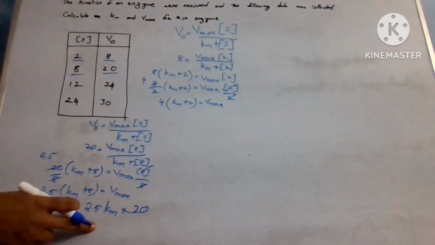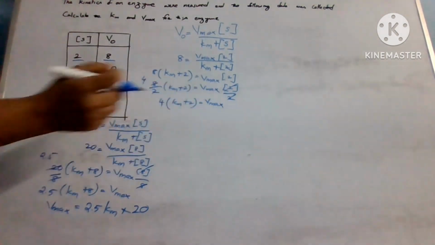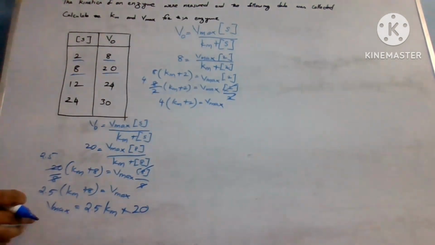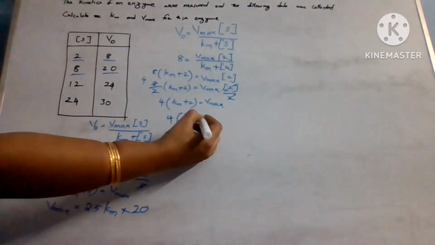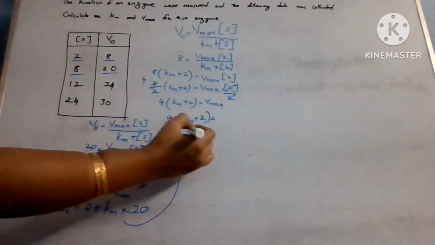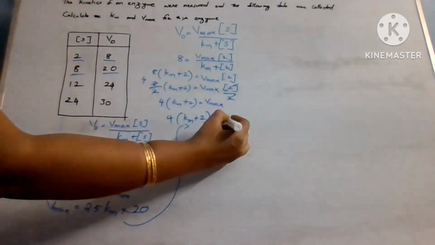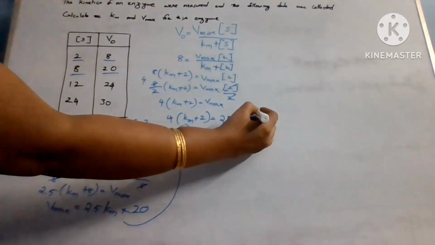Now let us take this Vmax and substitute it in the previous equation so that we will be able to calculate the Km value. So 4 Km plus 8 is equal to Vmax, and we have got Vmax as 2.5 Km plus 20.